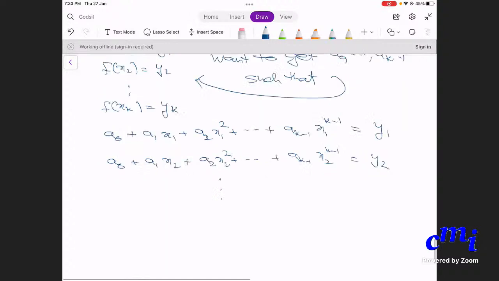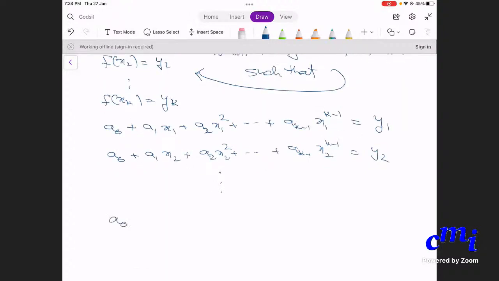And so on up to the kth equation, which is a0 plus a1 xk plus a2 xk squared up to ak minus 1 xk to the k minus 1 is yk. So this is the set of equations that we have to solve.